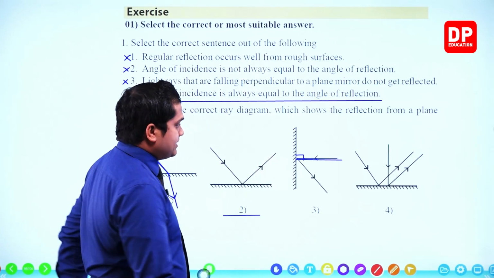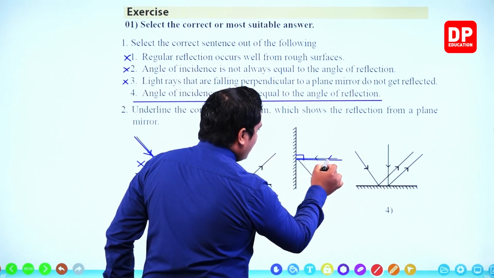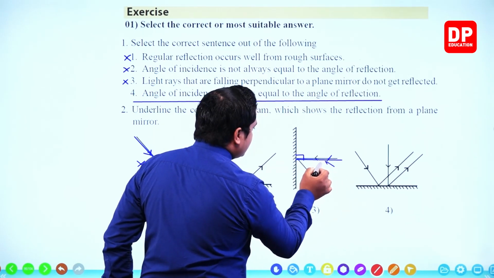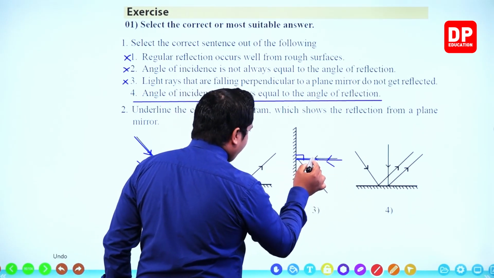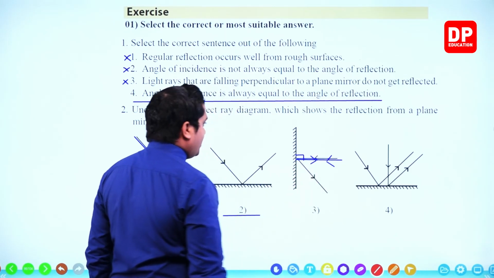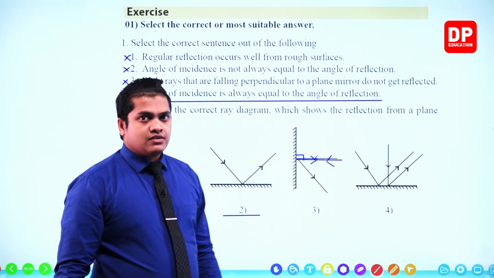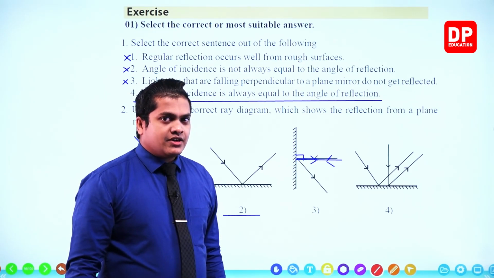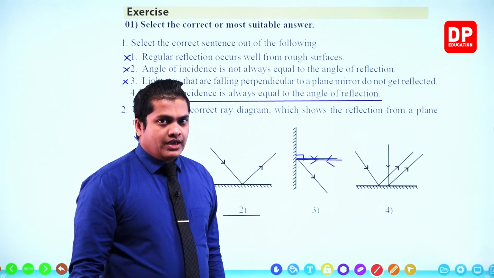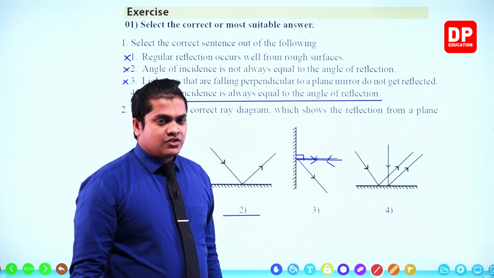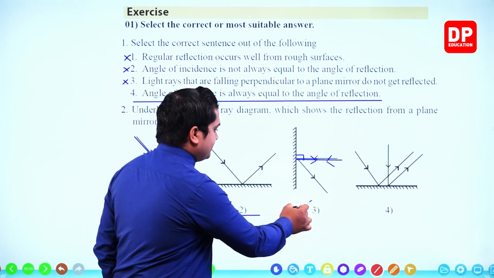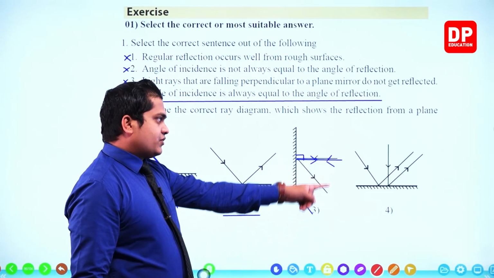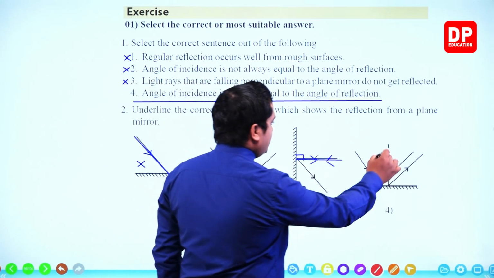So the ones coming perpendicular to the mirror surface should also reflect and travel perpendicular to the mirror surface like this. Perpendicular lines are traveling in the perpendicular way after the reflection. So this is also incorrect. Next one over there. This is also incorrect.